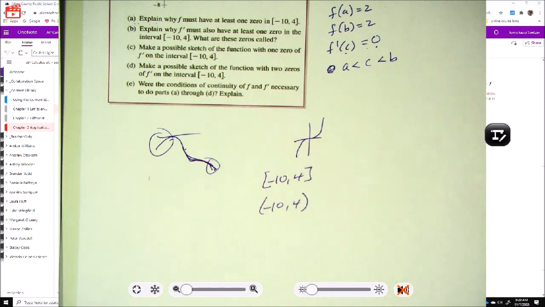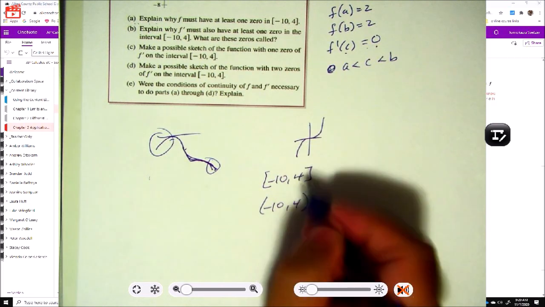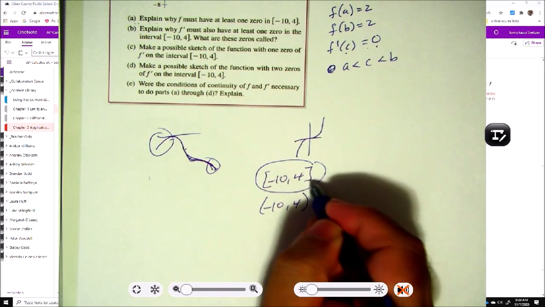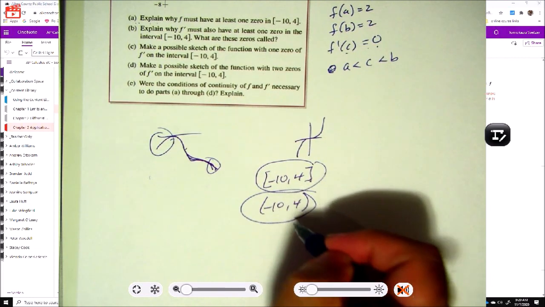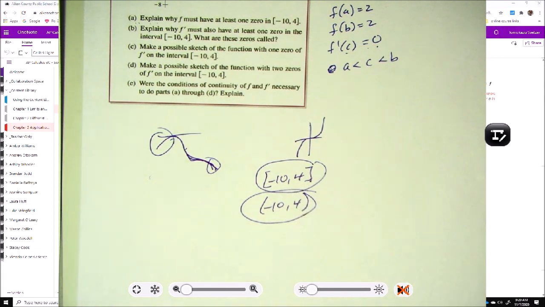So that's a trick question. So yeah, they got me too. So for part E, were the conditions of continuity for f and f prime necessary to do parts A through D? No, right? Because you don't need differentiability on the closed interval. You only need differentiability on the open interval. So that was kind of lame. All right. That's it. I think I'm done.